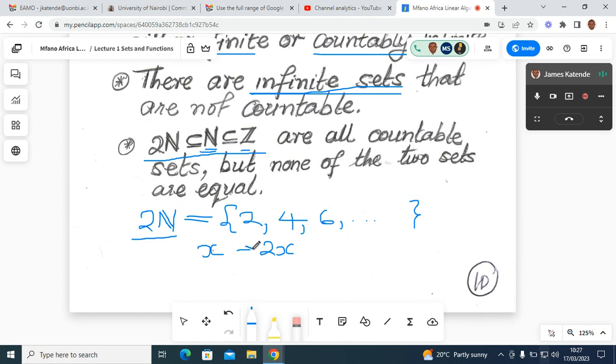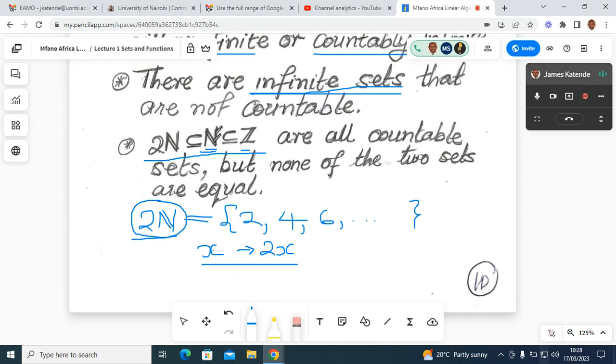This will be a one to one and onto function. So it means that the set of all even natural numbers, or positive integers, are countable.